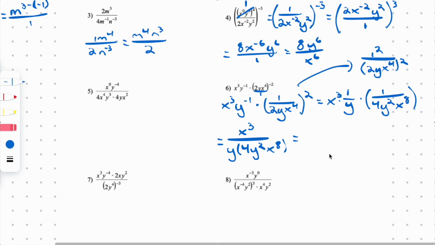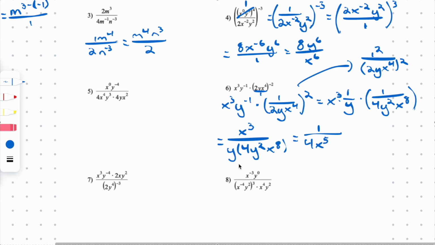And this is equal to, I'm first actually going to deal with these x's. We can subtract 3 from 8, right? 8 is the greater number. So we subtract 3 from 8, and we get 4x to the 5th, right? Because 8 minus 3 is 5.